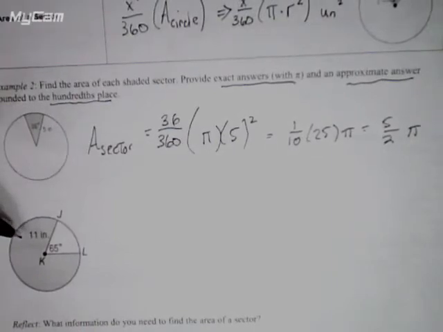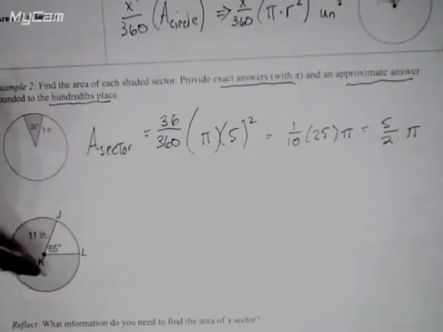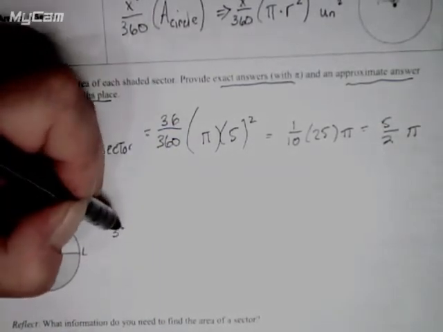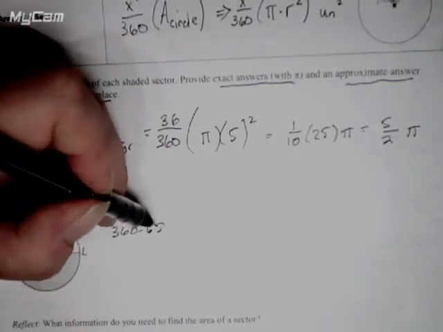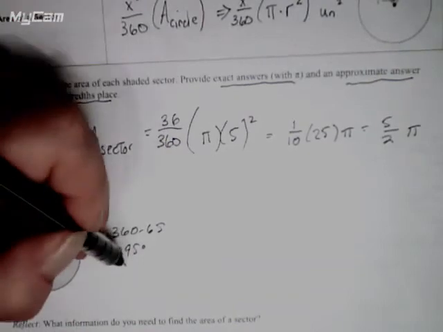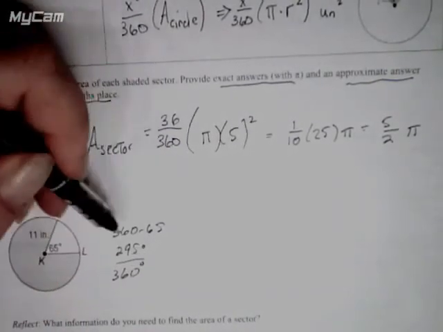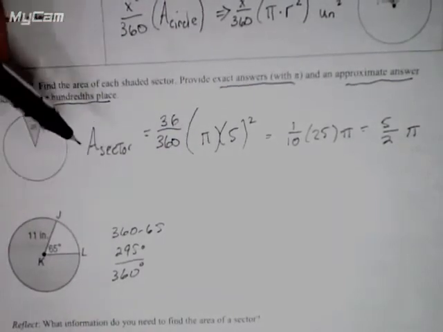So right here, 65 degrees, again, area. But look, area of the sector is that other piece. So first thing I'm going to do is 360 minus 65. So that's 295 degrees, and that out of 360. Could I have done my subtraction at the end? Absolutely.